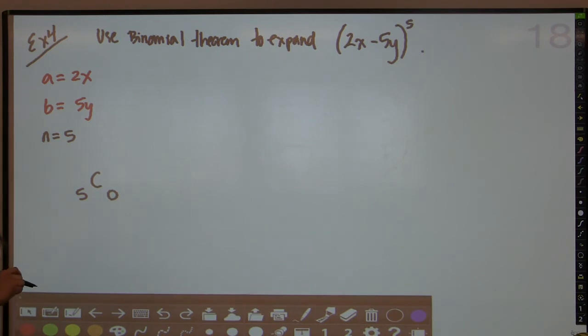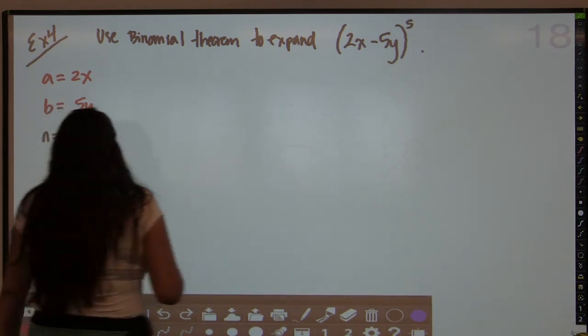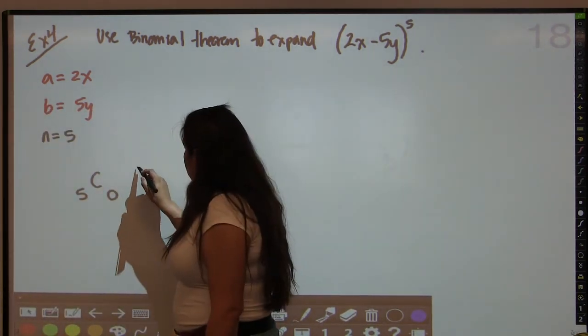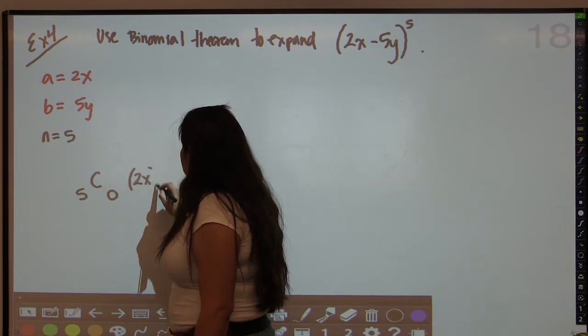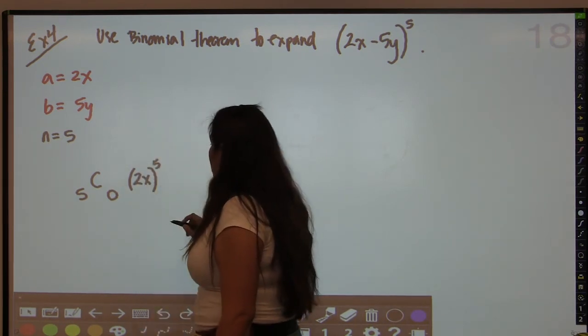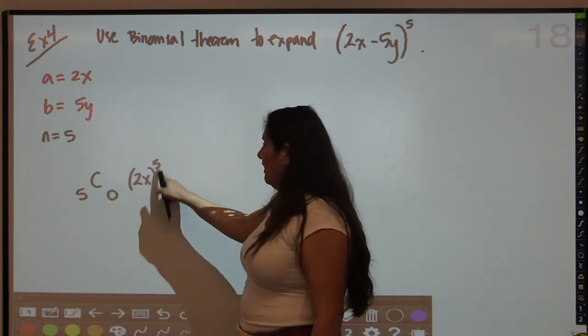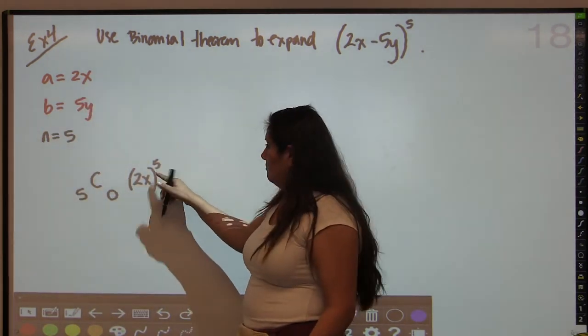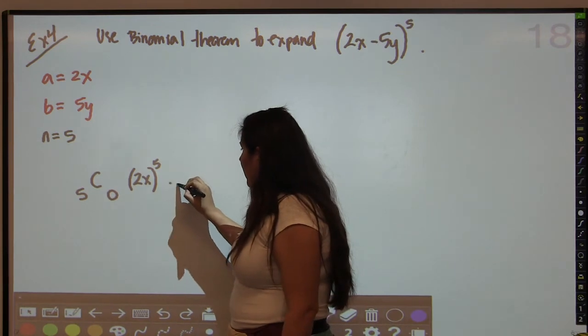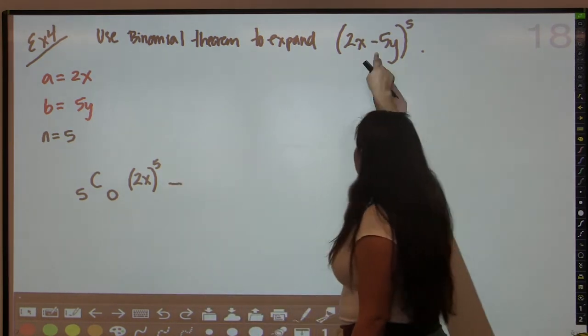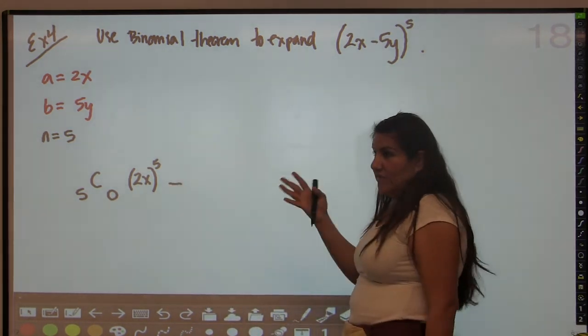We always start there. 5 choose 0. And then we're going to have 2x to the 5th power, this is my A, right? 2x to the 5th power, so A to the 5th power, but B to the none, okay? And then I'm going to have a minus.